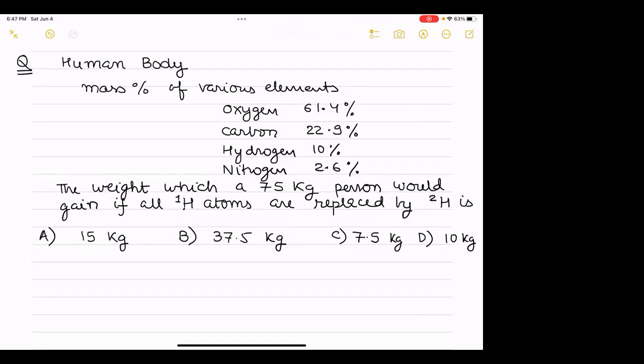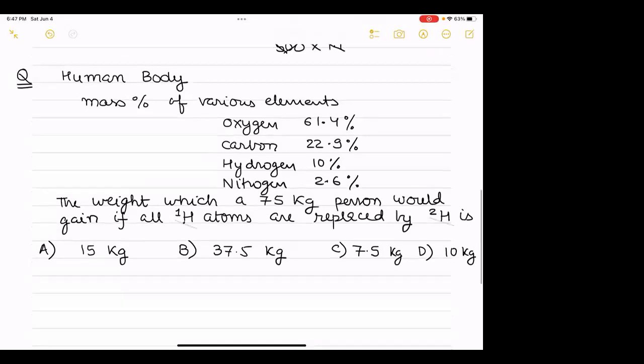The best way to revise something is by doing the questions, so I'm adopting this method. In case you have any suggestion or recommendation, you can tell me. Okay, clear?